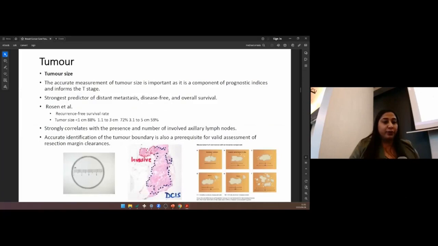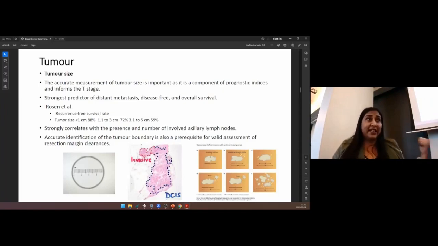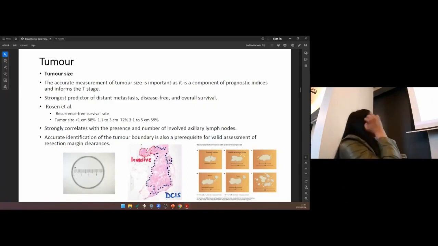Okay, so tumor size. The accurate measurement of tumor is very important, and as the esteemed oncologist before me said, the CTS calculator takes a lot of these factors into its calculation. Tumor size, like you said, the grade, the age of the patient, and lymph node status.